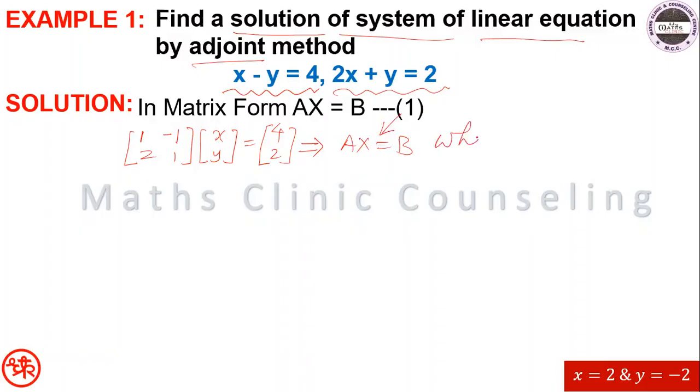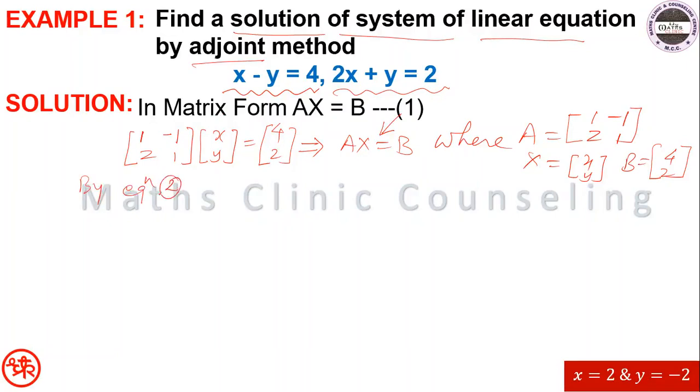So where A क्या है? A is equal to 1 minus 1 2 1. X क्या है? x y. Okay. And b क्या है? B is 4 2, right hand side value. Is that clear? Is it okay?